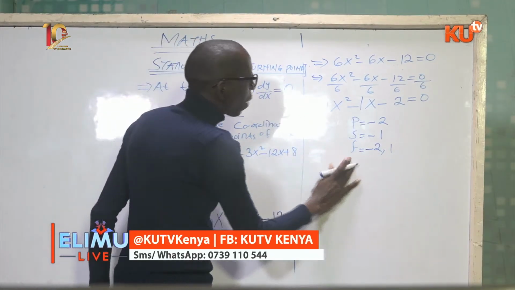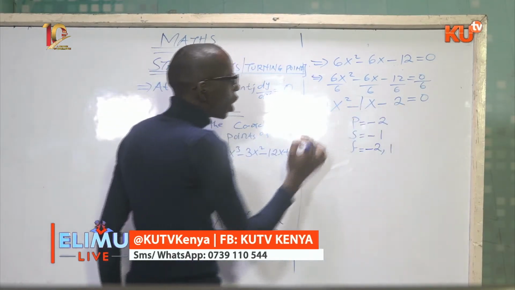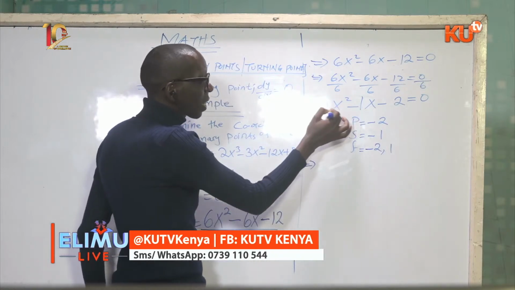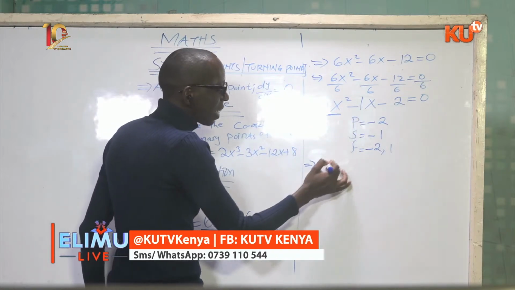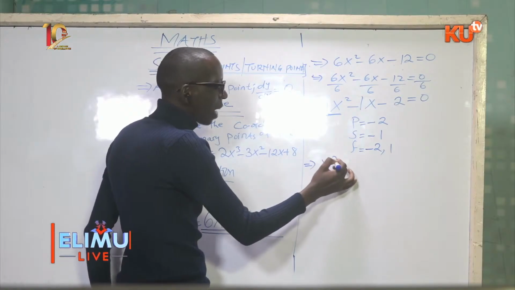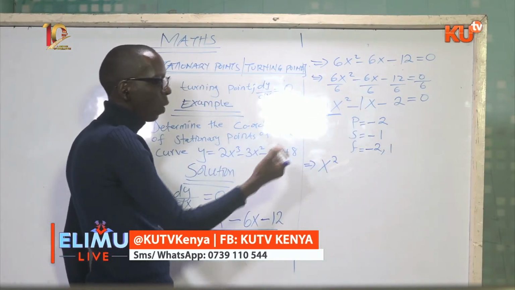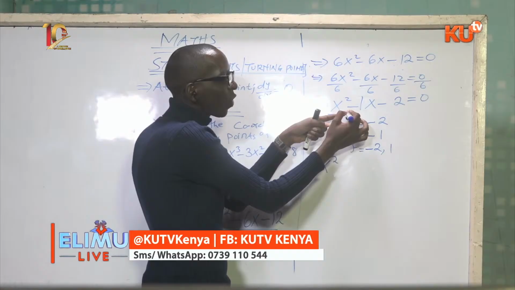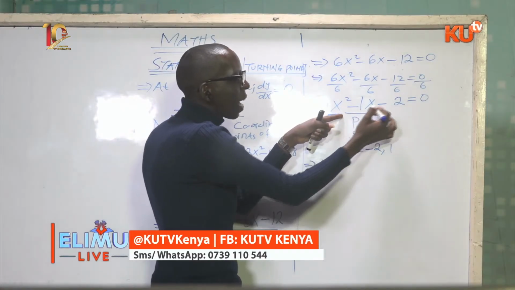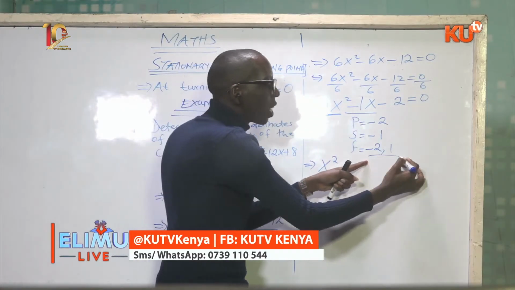After getting the factors, we go back to our equation. The first term, we'll just write it the way it is, x squared. 1x squared is the same as x squared. Now, instead of writing negative 1x, we replace it with the factors.